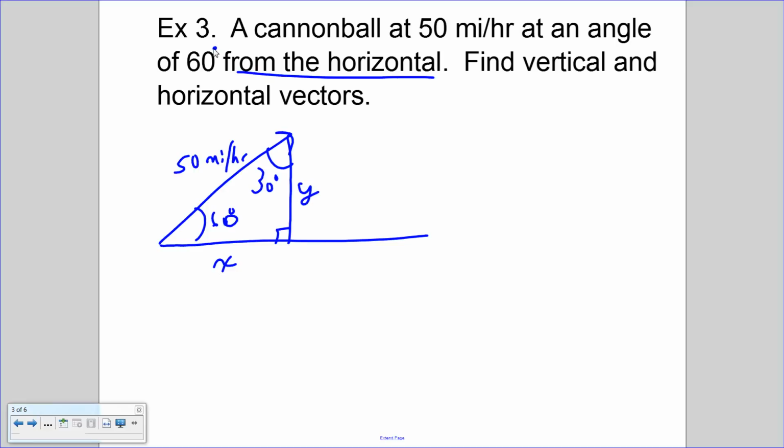It's short of the hypotenuse by dividing by 2. So you know that the short leg is going to be 25 miles per hour. The long leg, which is the vertical vector, is going to be multiplying the short leg by radical 3. So this is going to be 25 square roots of 3 exactly miles per hour.